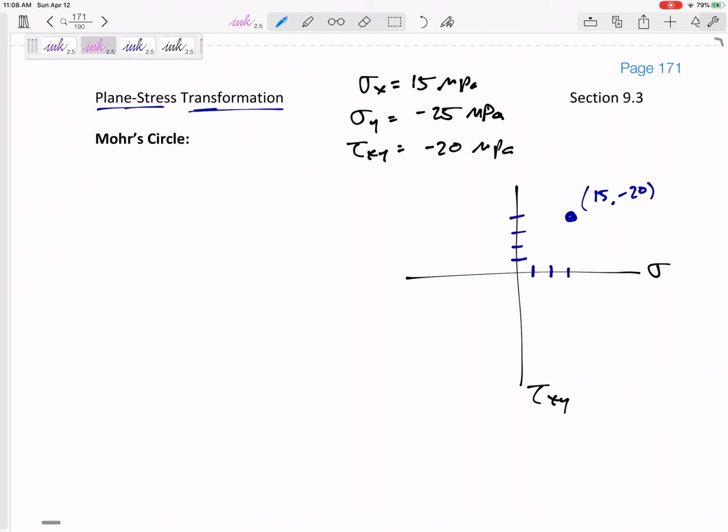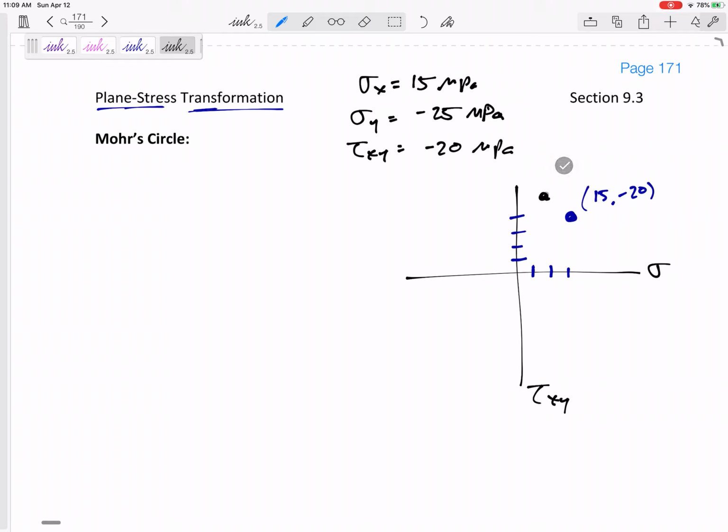If I plug those into my stress transformation equations, and maybe I wanted the new stress at 10 degrees counterclockwise, my new point might be, I could calculate it, right here.